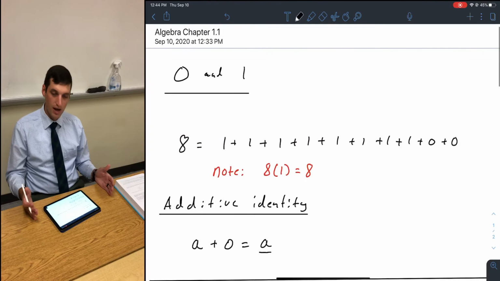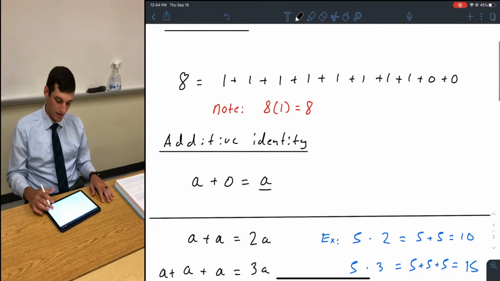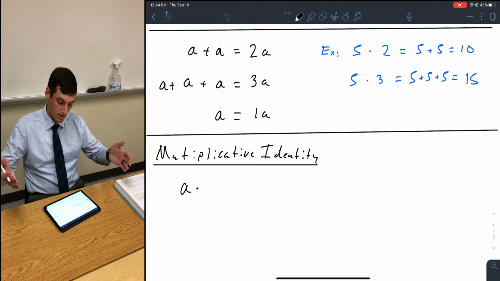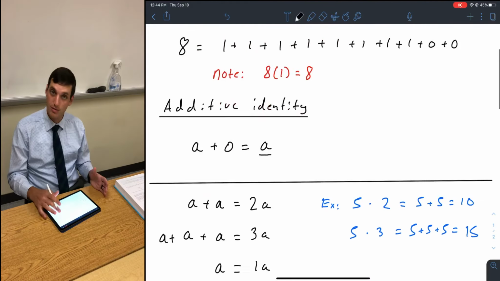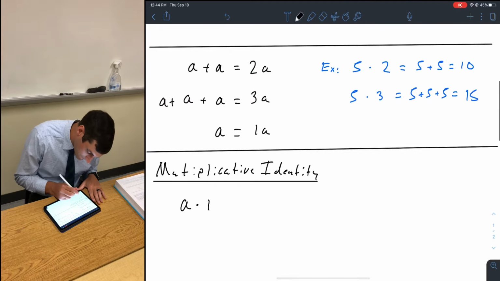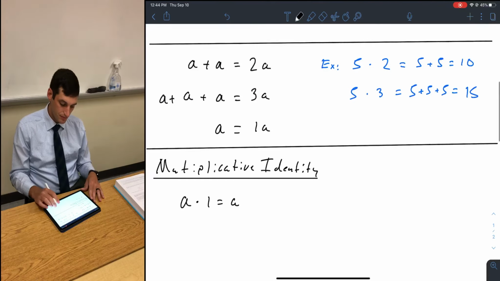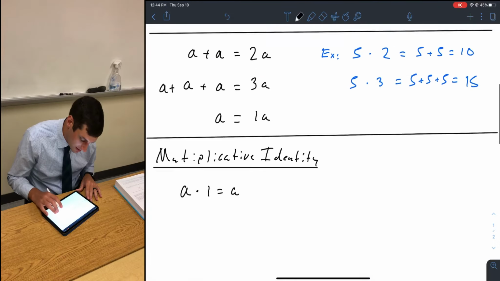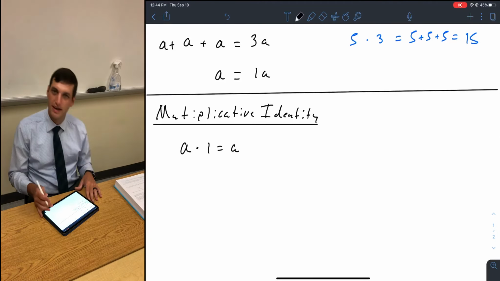If 0 and 1 are the very most basic numbers, they are the root of all numbers, 0 and 1, what can we do here? Well, we can multiply it by the other one. 0's already been used, so let's use 1. So A times 1 is equal to A. Let's try this out, which we'll get into with exponents next week.